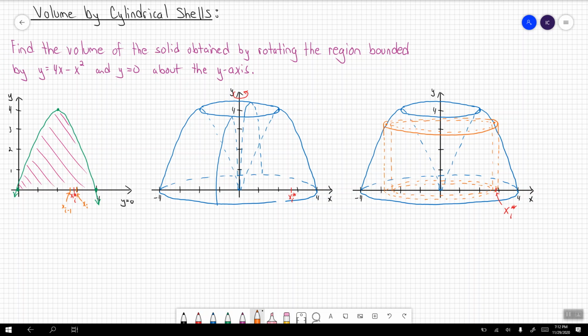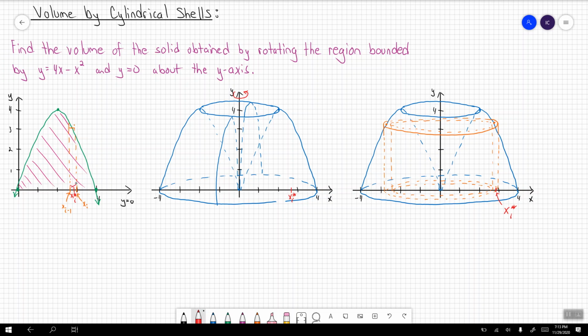What we're interested in doing then is to now create this rectangular height that will have a height of f of x star sub i. And that's what we want.